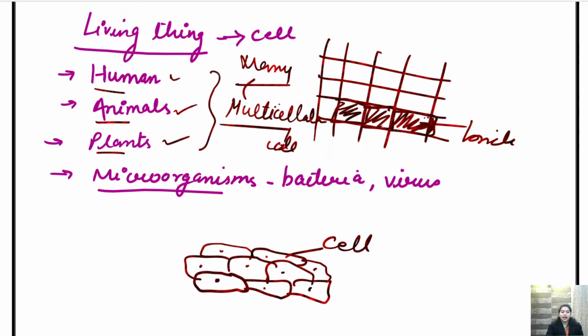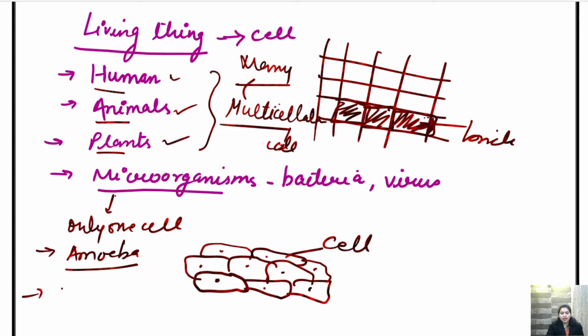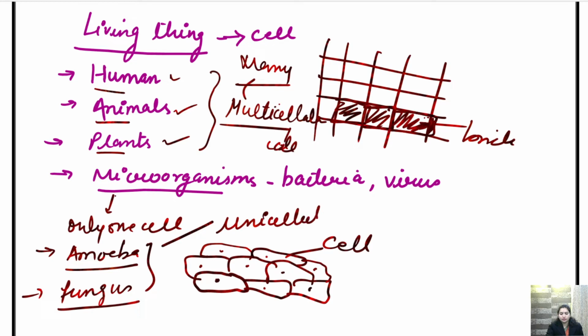But there are certain microbes that are made up of only one cell. For example, we have amoeba. It is made up of only one single cell. There are certain fungi also which are made up of only one single cell. So the organisms that are made up of only one single cell are called unicellular.